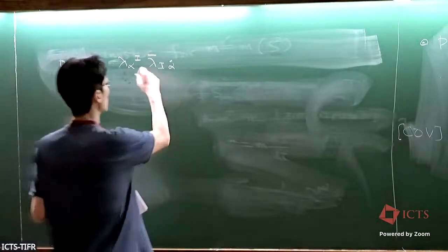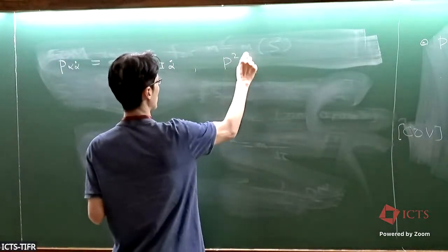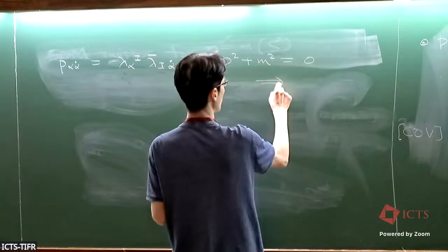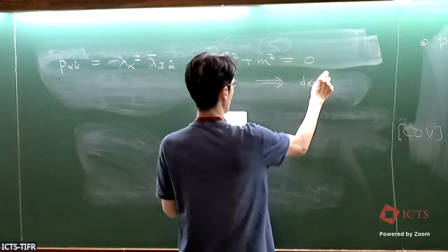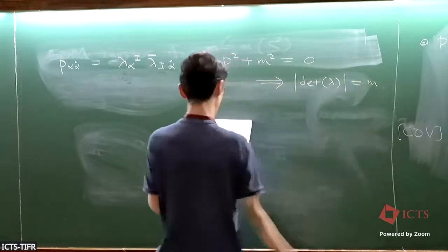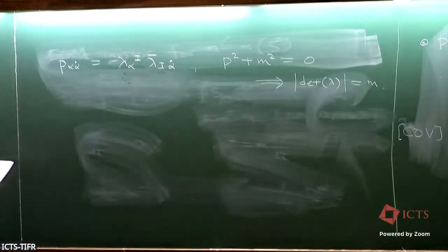And so in P squared, the mass shell condition translates to the fact that the magnitude of this determinant of lambda should be equal to the mass.